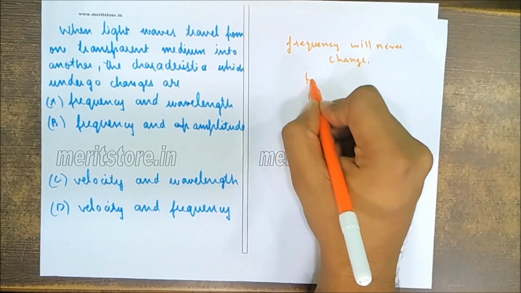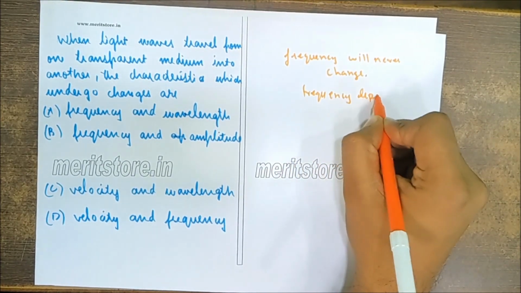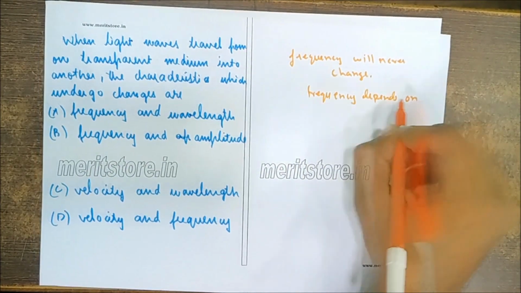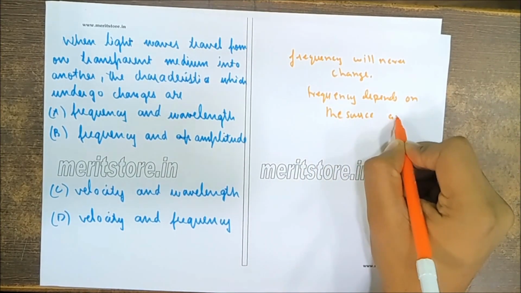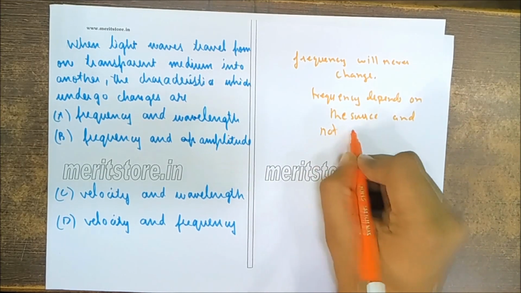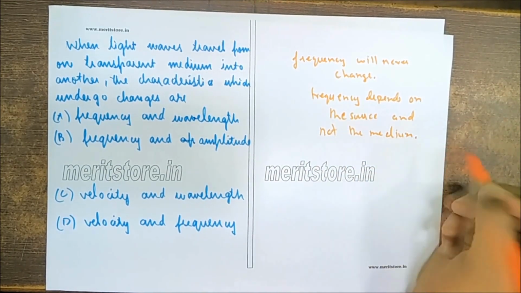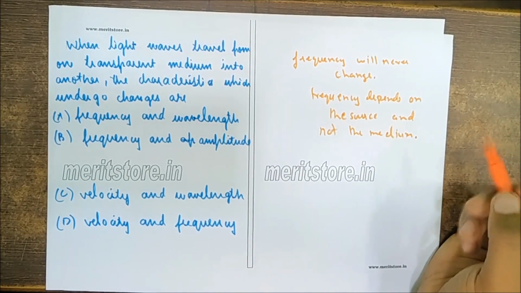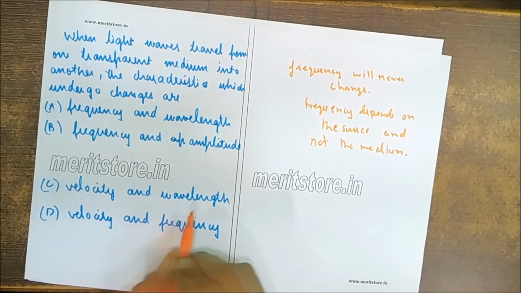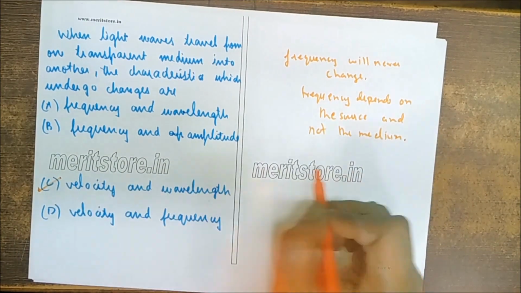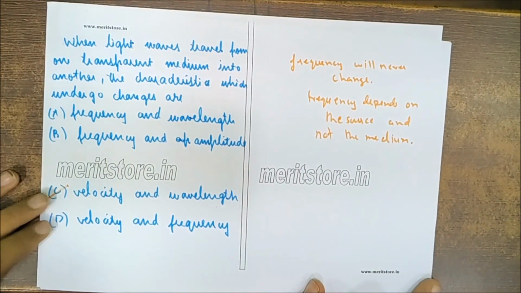That is because frequency depends on the source and not the medium. Hence, the options where frequency has been included will be rejected, and the option where frequency is not included, that is velocity and wavelength, and yes, velocity and wavelength will change with respect to the medium.